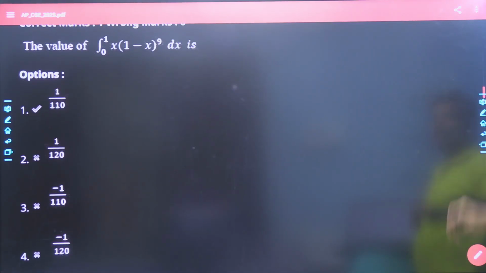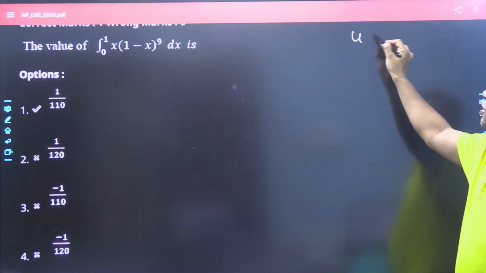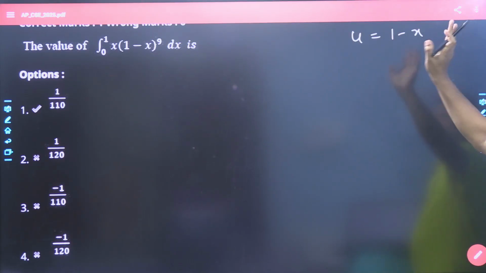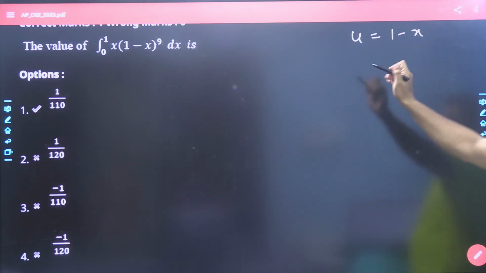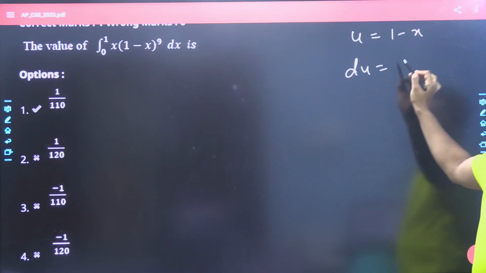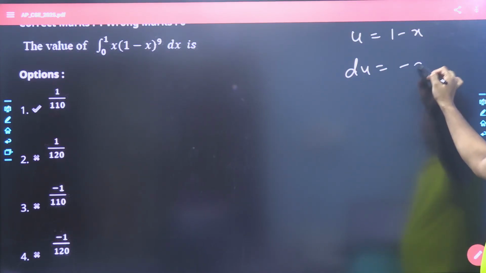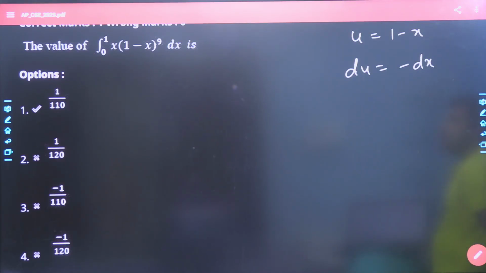If we are taking the integration of x(1 minus x) to the power 9 dx. Okay, so just assume that u equals 1 minus x. Now if we take the differentiation of this, can we say that du is equal to minus dx.